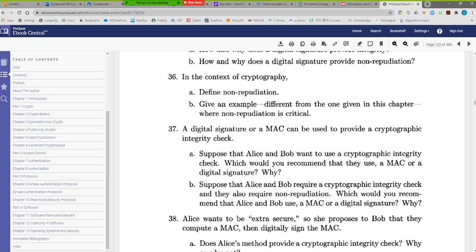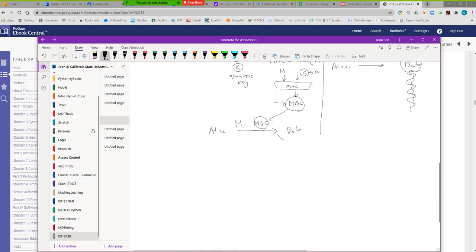For integrity checking, actually there's not much difference. They can use the MAC, or they can use the signature, right?